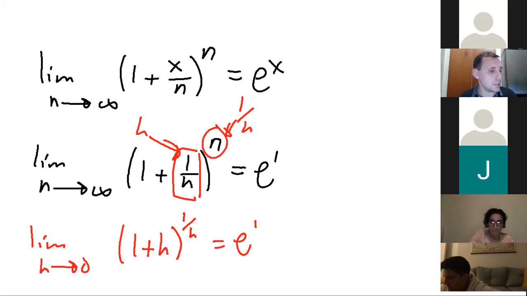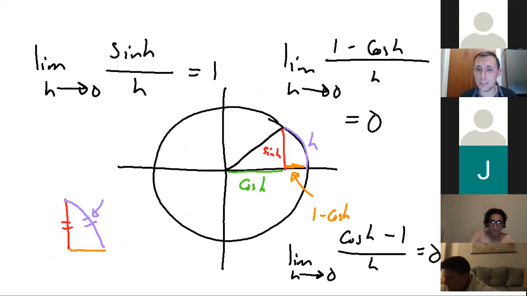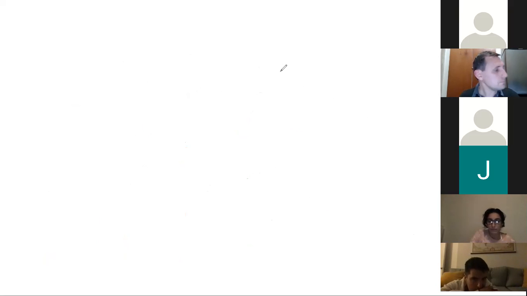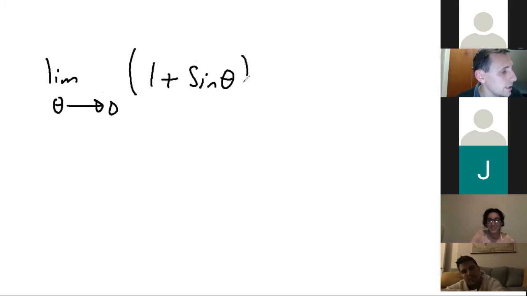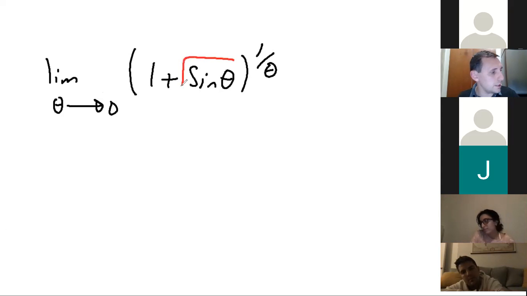Now, in the question that we just solved, we were asking what's the limit as theta goes to 0 of 1 plus sine theta to the 1 over theta. Now, you understand that if theta is small, the quickest way to solve it is that this box and this box are essentially the same thing.